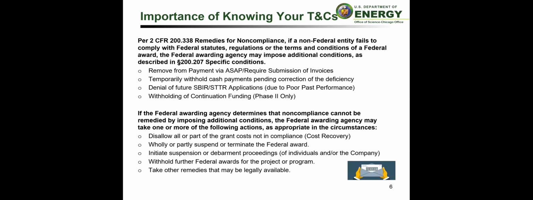We could suspend or debar or recommend companies for criminal investigations in concert with the Department of Justice or the Office of Inspector General. And usually we don't want to go down that far because it's a lot of work for all parties, and that's not really the point of the program. But this is just highlighting that there are penalties for not being in compliance.